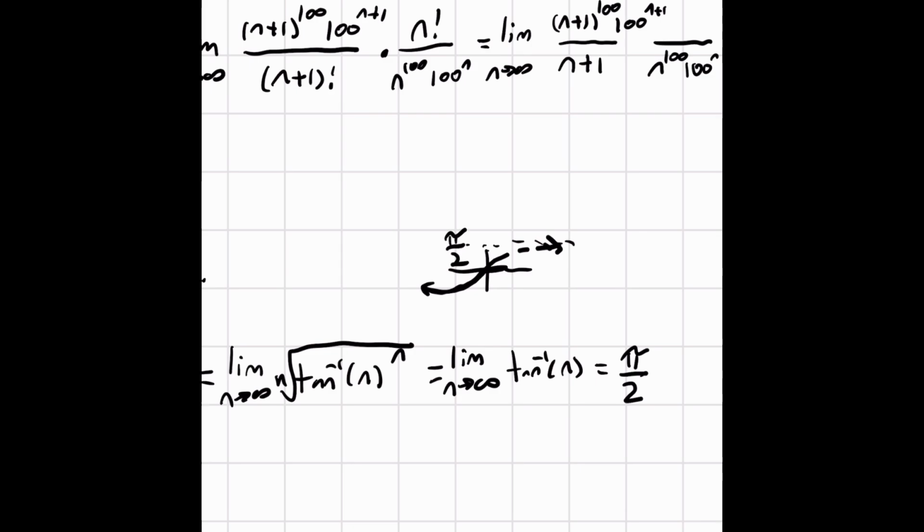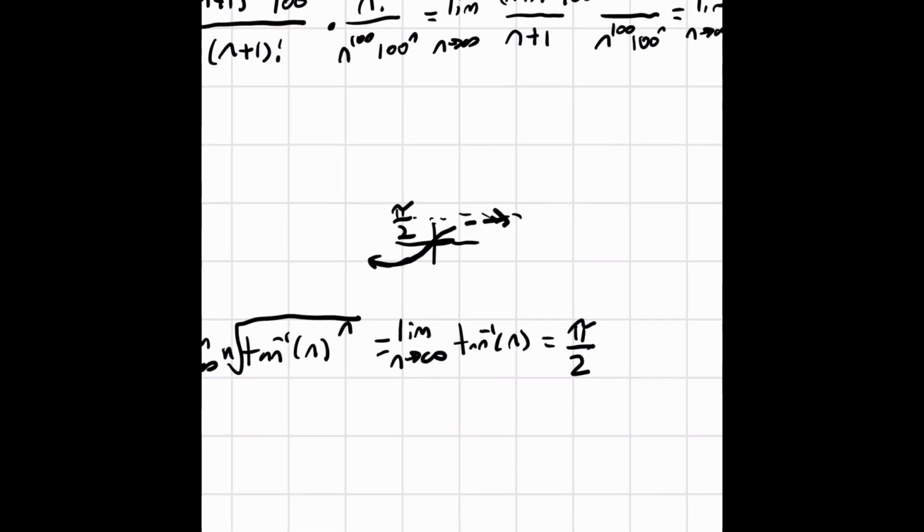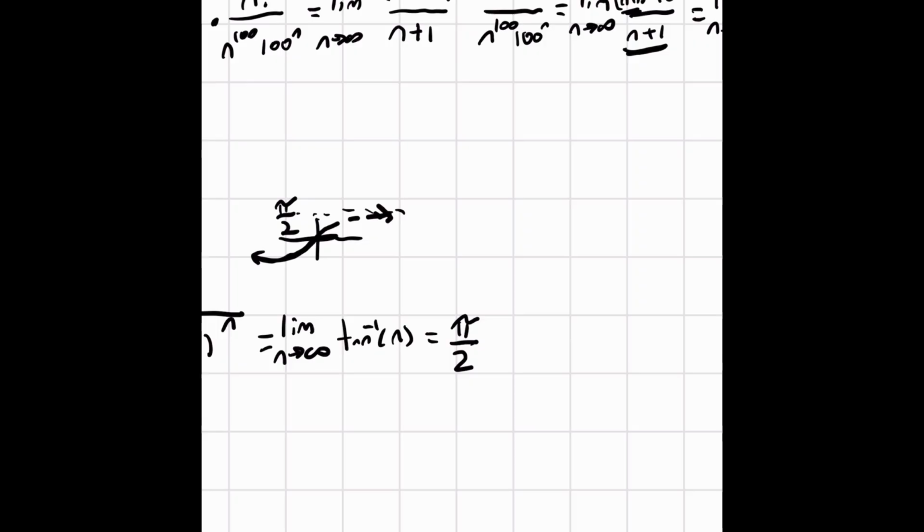Again, a weird problem, but the question is, do we remember what value we plug in for tangent that gives us our asymptote that blows up to infinity? That's going to be pi over 2. And again, without a familiarity of trig, that problem just really is awful. But the point is that limit is pi over 2.